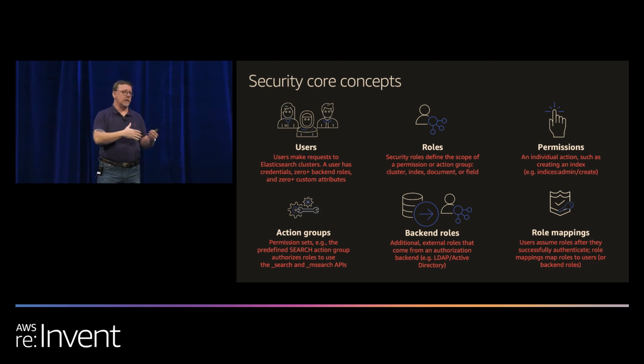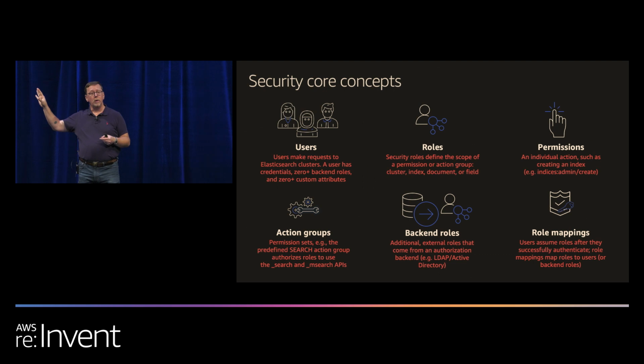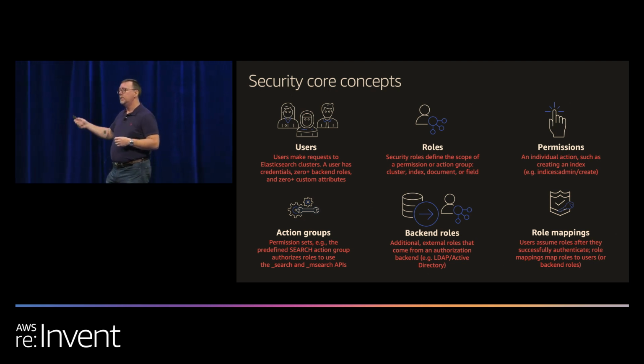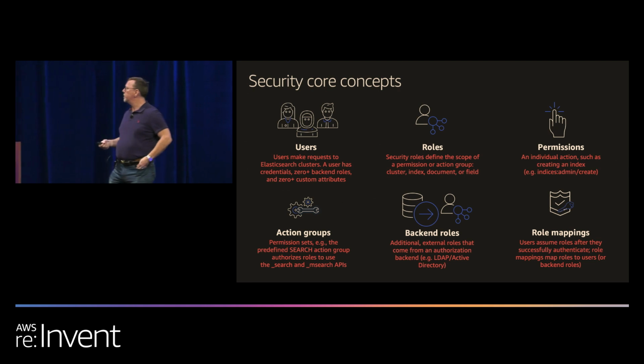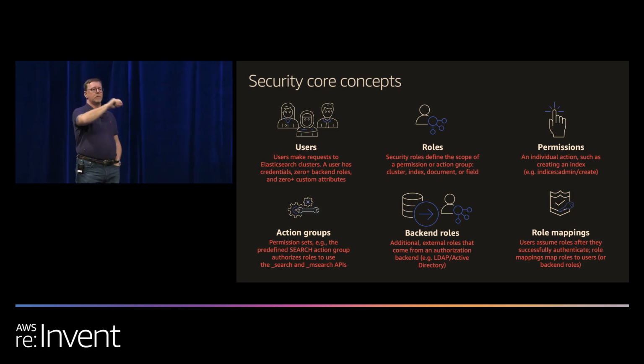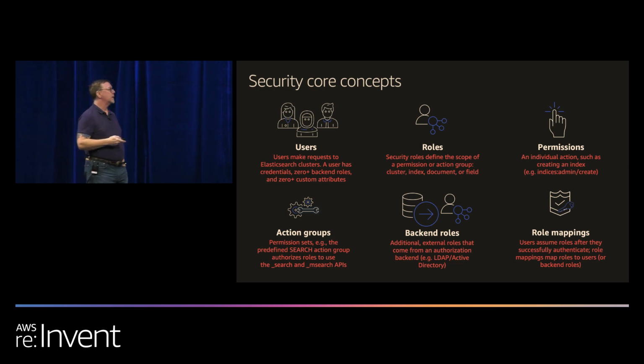An action group is a collection of permissions. The action group is what you actually set within the role. The action group provides you the authorization. Backend roles, again, those are the roles that come from other providers, other authentication providers. And you use role mappings to map particular roles to particular users. Okay?